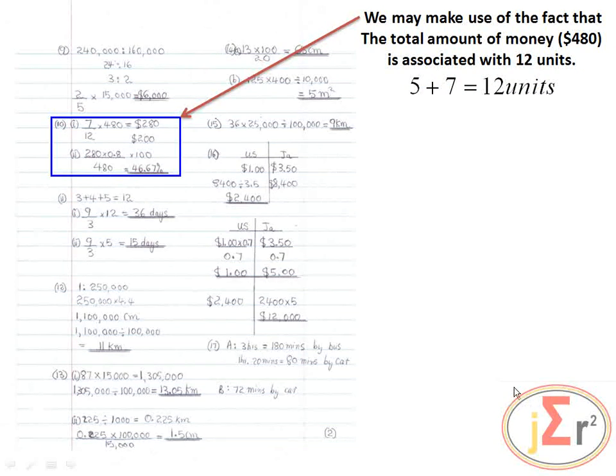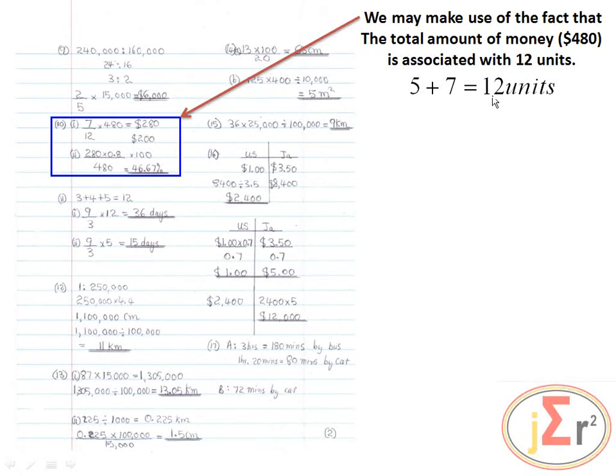We may make use of the fact that the total amount of money, which is $480, is associated with 12 units. 5 plus 7 is equal to 12. One gets 5. The other gets 7. They have a total of 12 units.